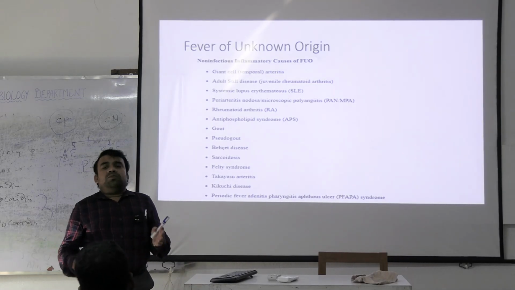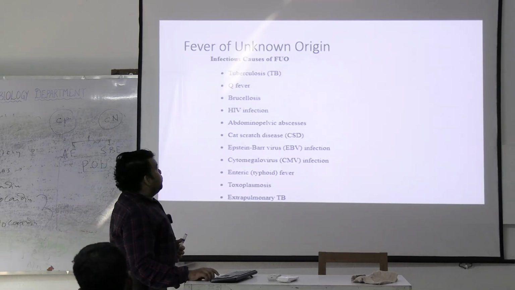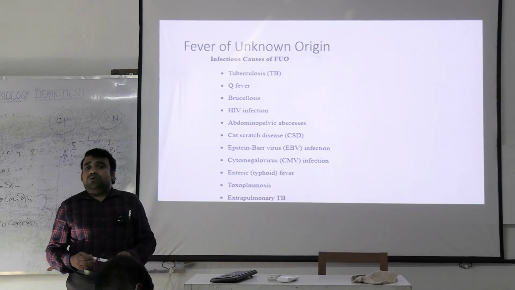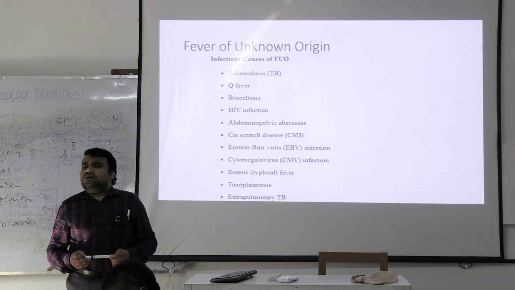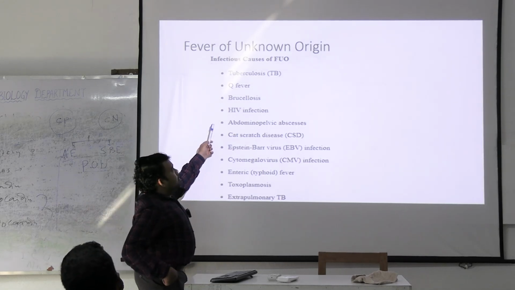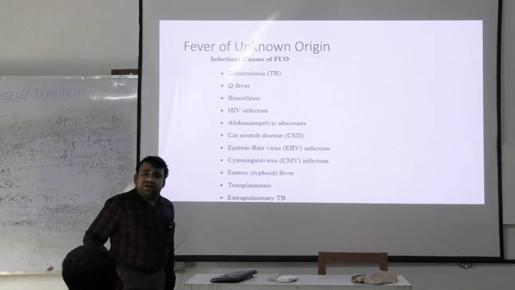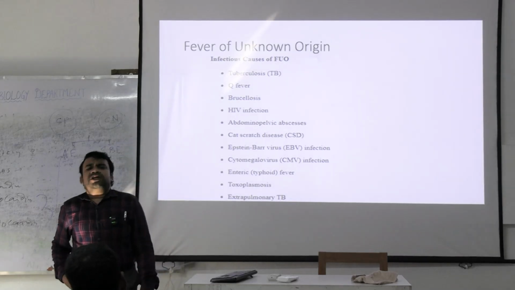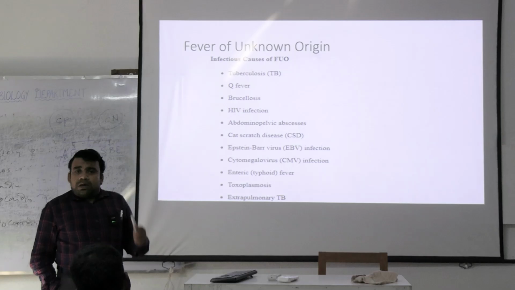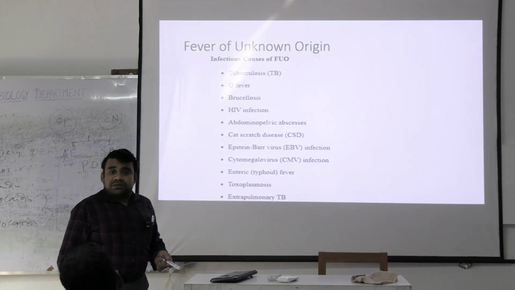That is, you have to look both from an infective point of view and also from a non-infective point of view. And among the infectious causes, you have to look for certain diseases which are not very common. For example, you have to look for brucellosis, cat scratch disease, Epstein-Barr virus infections. These are not very common. But when the routine investigations do not give you a clue for diagnosis, you have to look for these diseases.